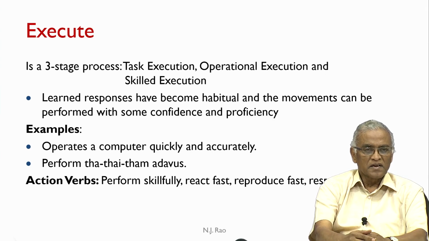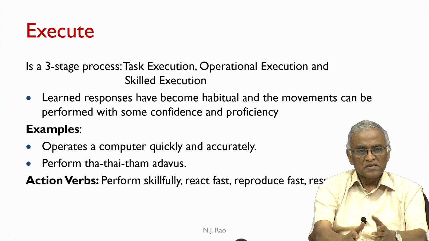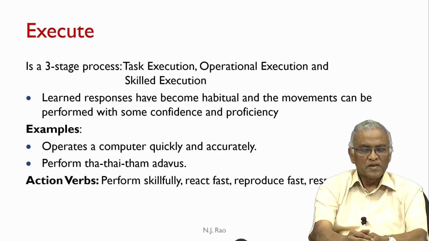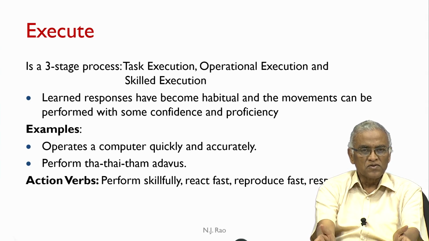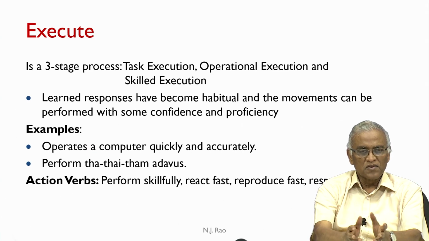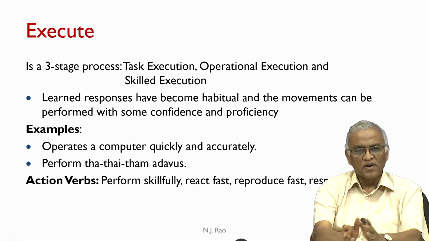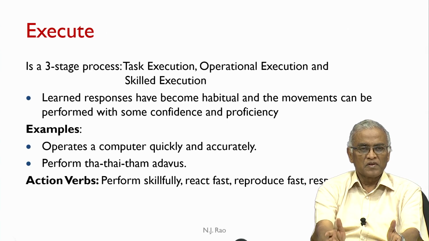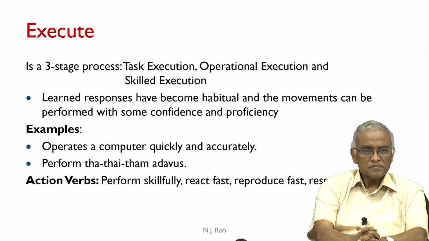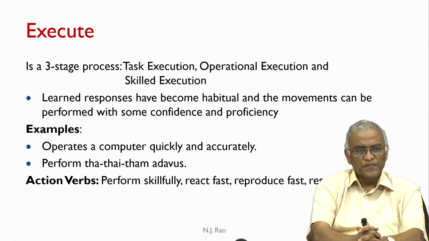Let us say in the cricket matches that you observe, when a ball is thrown at a fielder, the ease and comfort with which he catches the ball comes only with repeated use, and you know exactly how to hold your hand, how to stand, how to look at the ball. All these reach the level of skilled execution, right. So it is a 3-stage process.